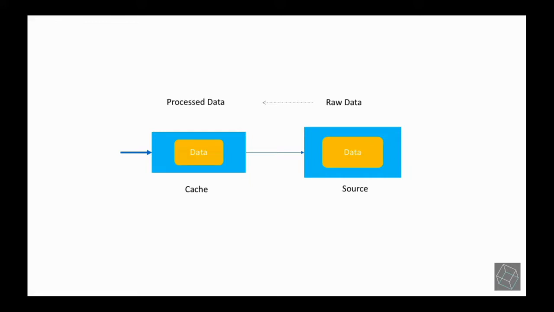The first scenario is when you have raw data which you process and show on your application. Every time your application needs to show the data, it has to process the data and show it on the UI.